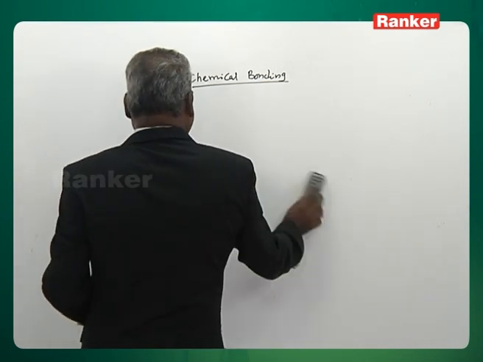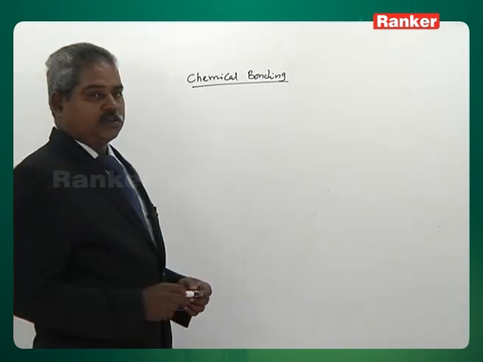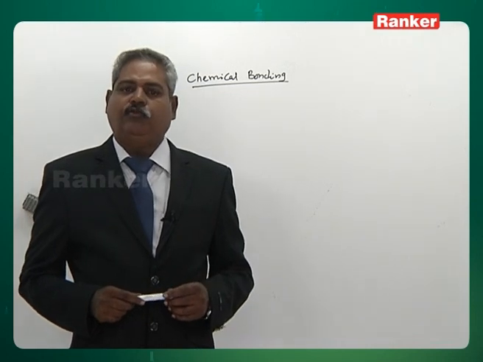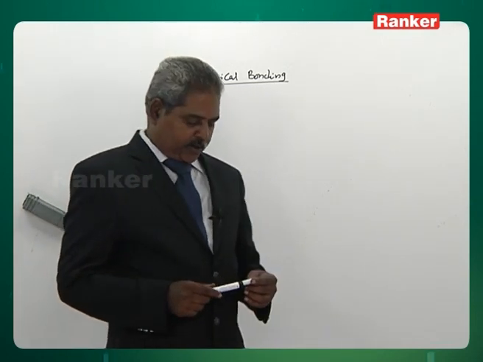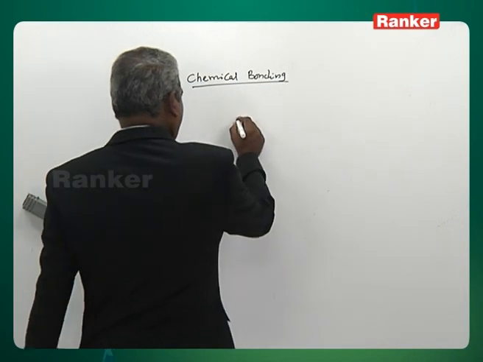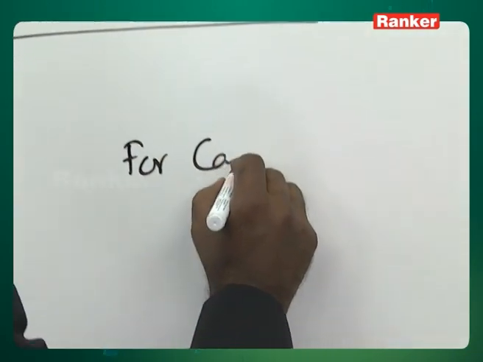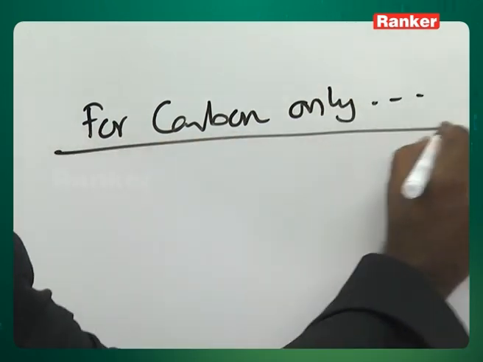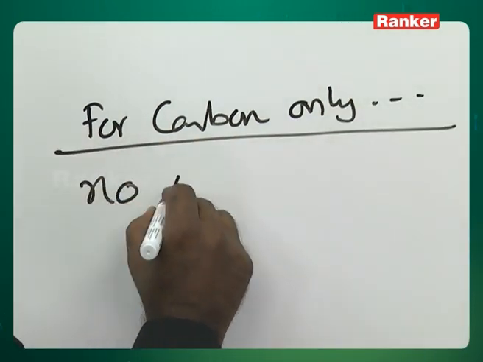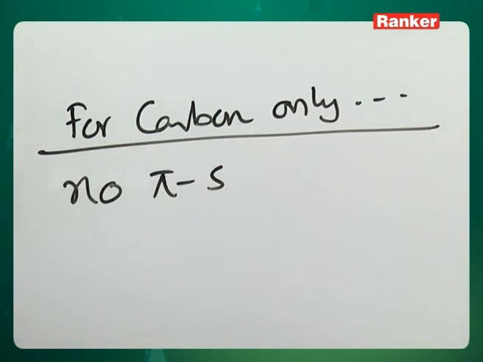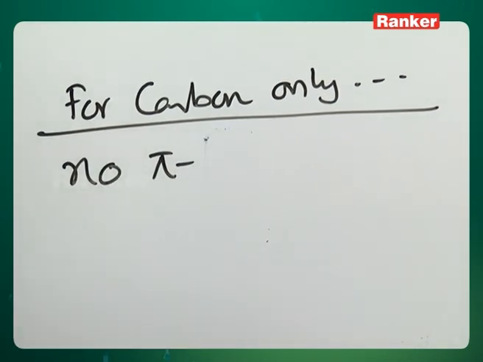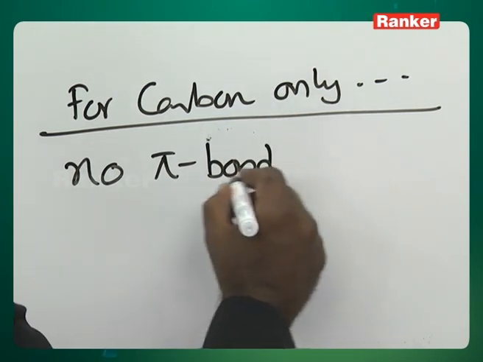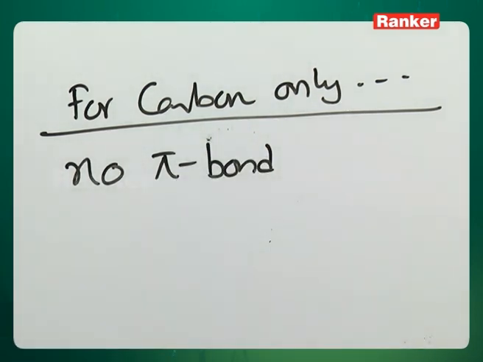So, how to find hybridization? What have we done so far? How to draw any structure, how to find hybridization. And this is for carbon only, where we have to find the hybridization of a large number of carbons in organic chemistry, so we need a special procedure for carbon.